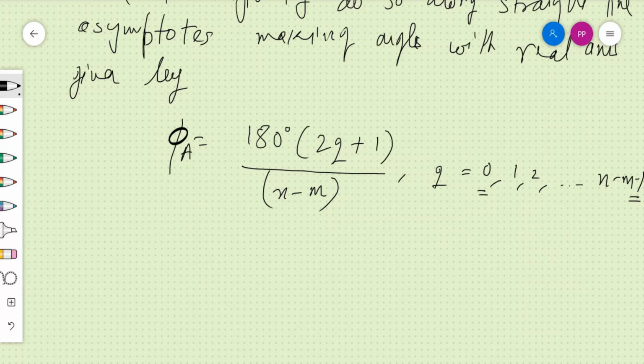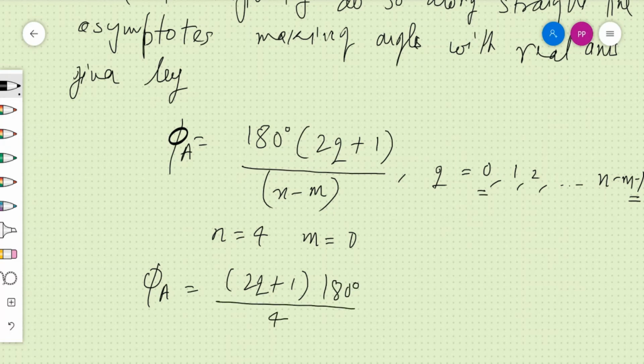In our case, n equals 4 and m equals 0, so we can write phi A equals (2q plus 1) times 180 degrees divided by (n minus m), with q varying from 0, 1, 2, up to n minus m minus 1, which is 3.